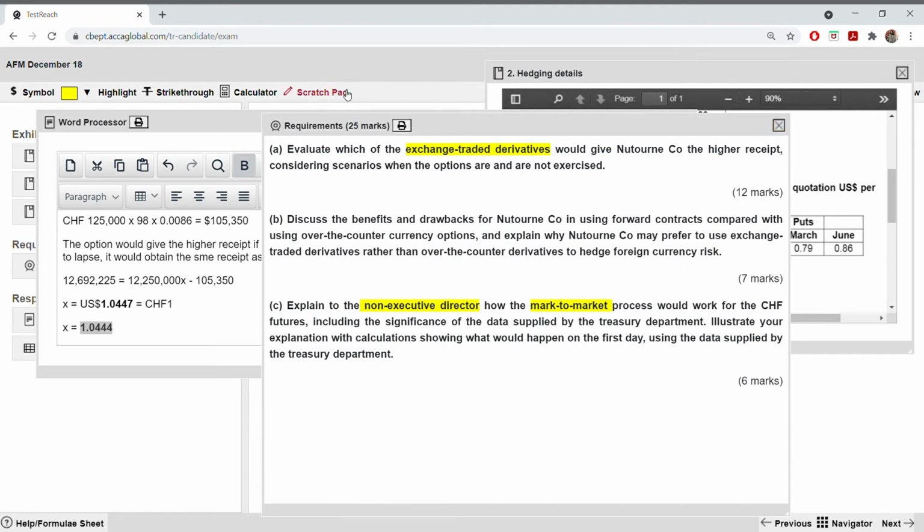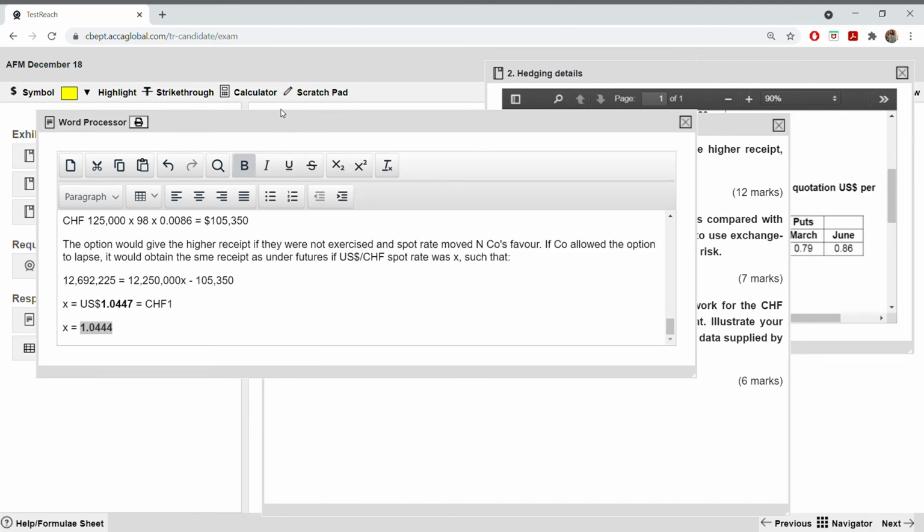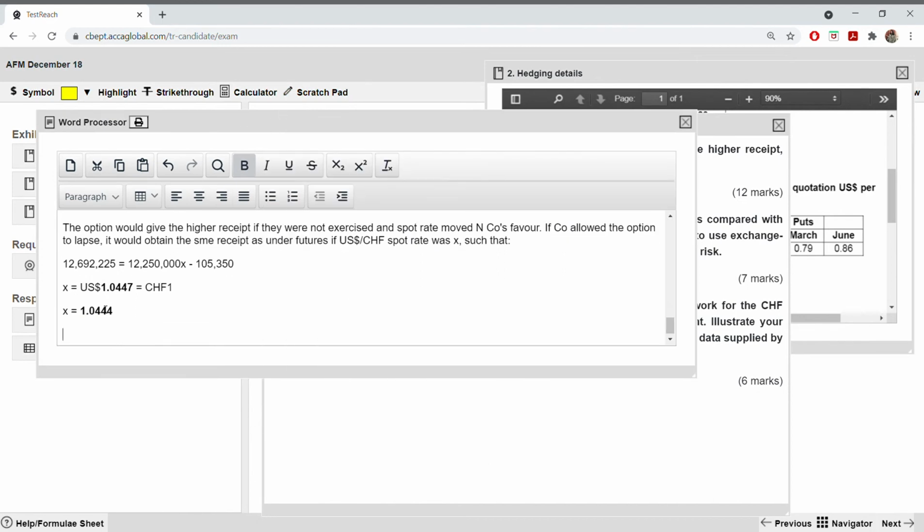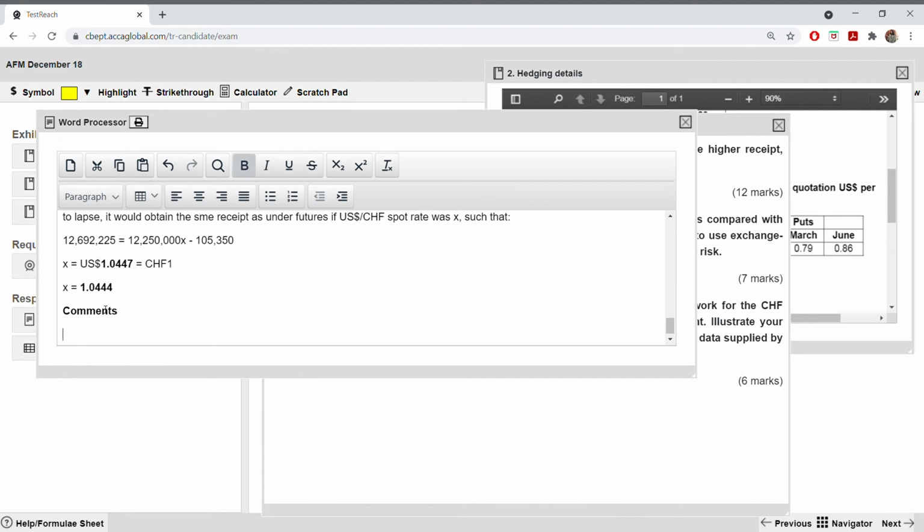We just evaluated. We just gave some scenarios. We found the numbers, the rates, but we didn't comment. For that, another section. Don't forget to add this section, especially for exchange rate risk. It's for other areas also, but for this area, we will have a comment section. We have to comment on all three methods: forward, future, and option.